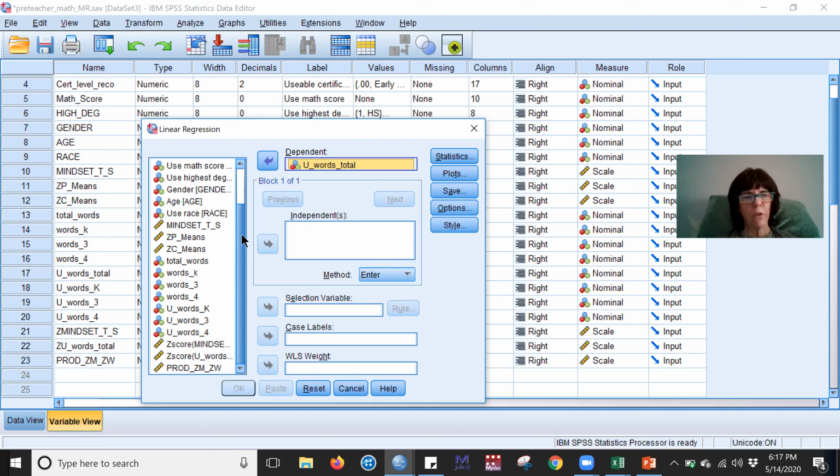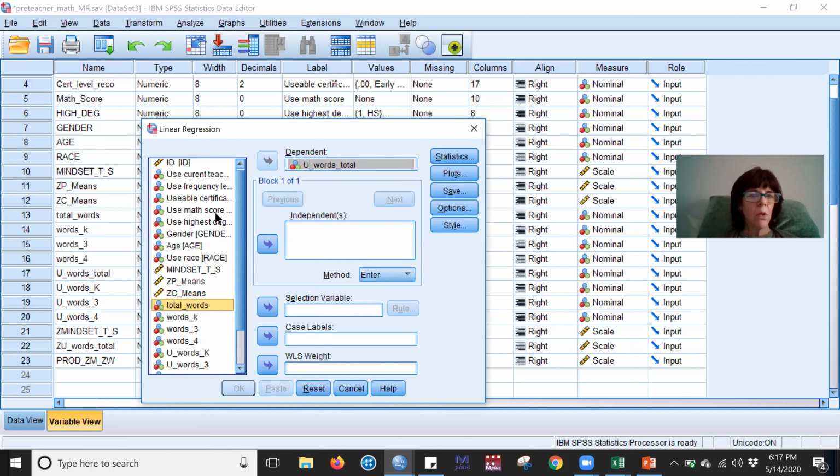And we're going to use a purposeful way of entering them. So we want to enter first, I'm sorry, I chose the wrong variable. Where is it? Their general math performance. And that's kind of the most generic and of least research interest in this problem.